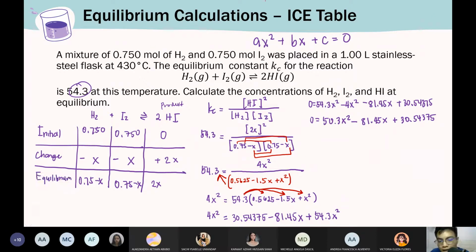Now, your a is the coefficient of x square. So, this is your a value. Your b is the coefficient of x. Kasama yung negative sign kung meron. Okay? So, that's the value of b. And then your c is everything here. Kaya yun nasa dulo. Okay? So, yun yung purpose ng a, b, and c.